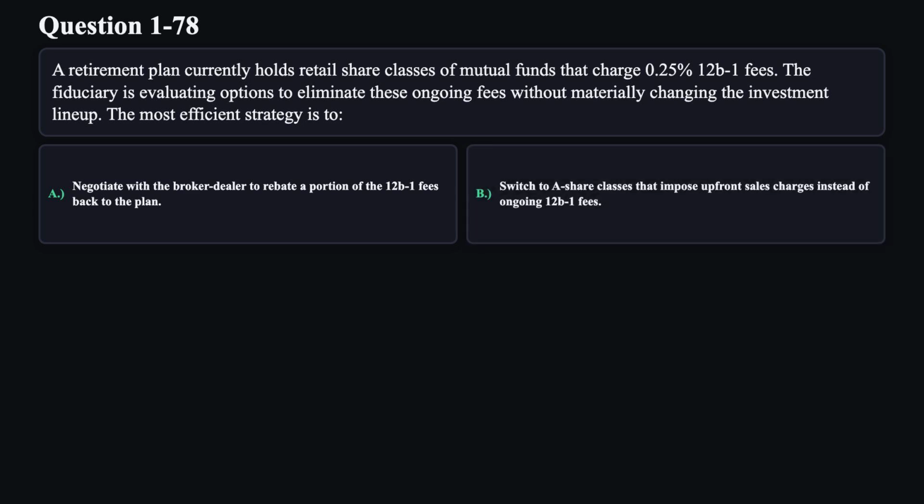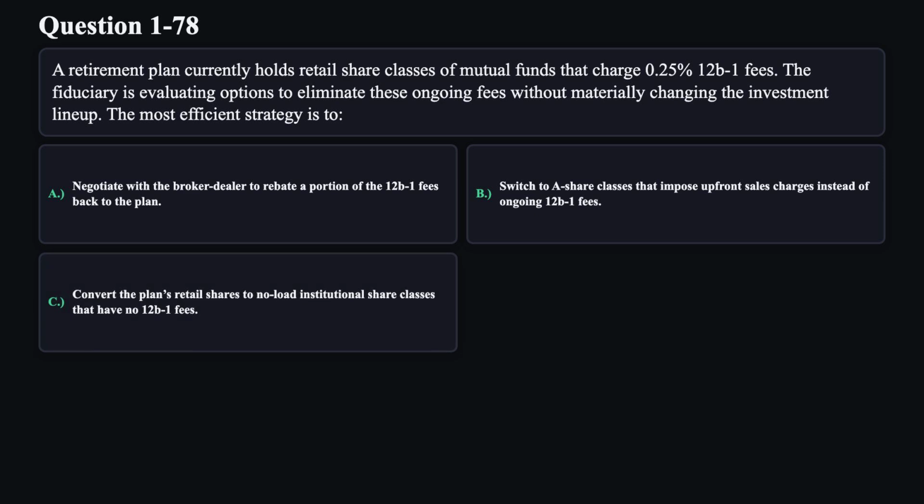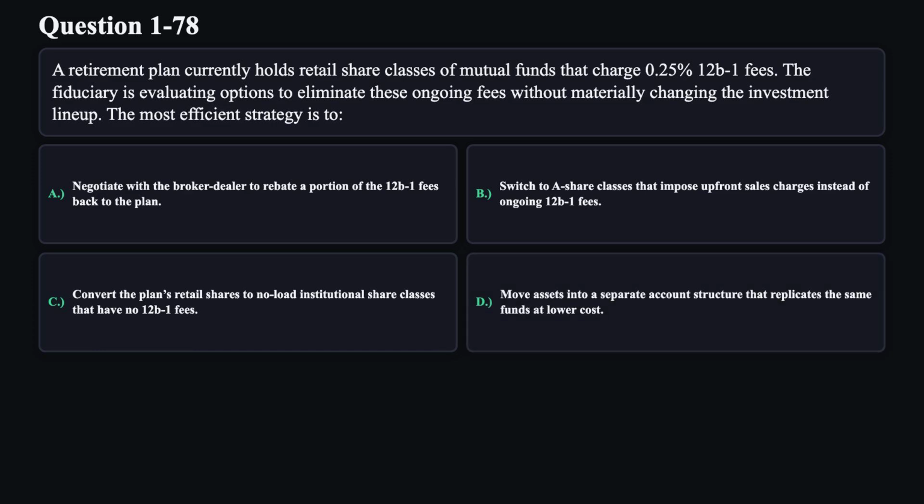B. Switch to A share classes that impose upfront sales charges instead of ongoing 12b-1 fees. C. Convert the plan's retail shares to no-load institutional share classes that have no 12b-1 fees. D. Move assets into a separate account structure that replicates the same funds at lower cost.